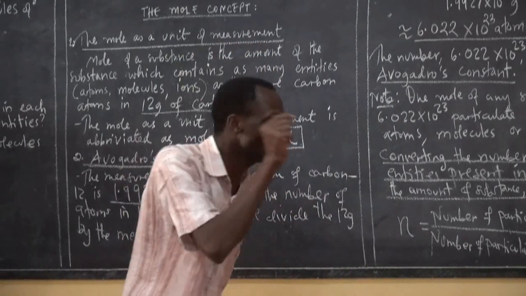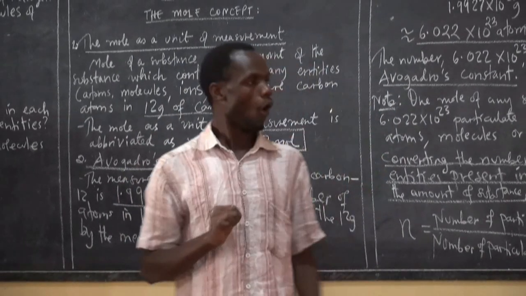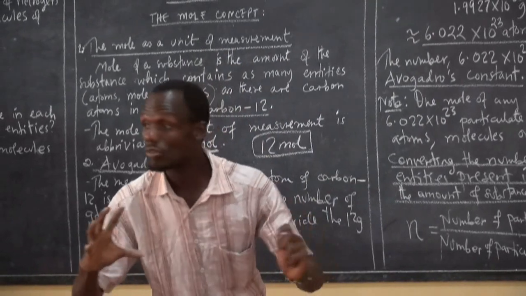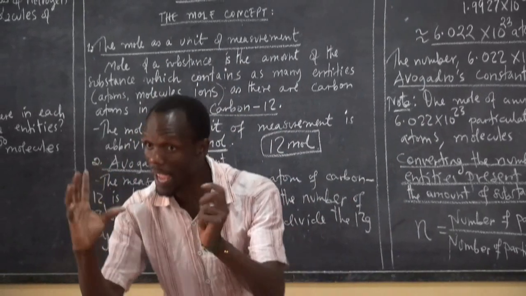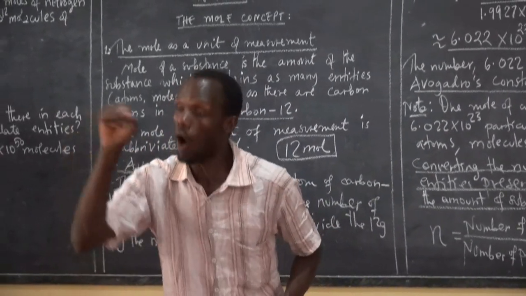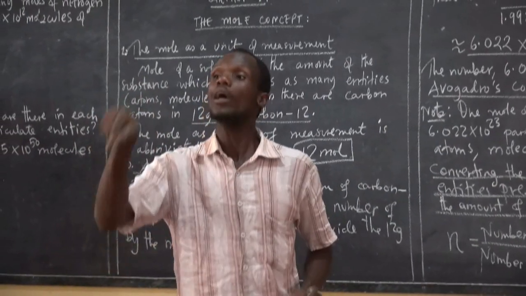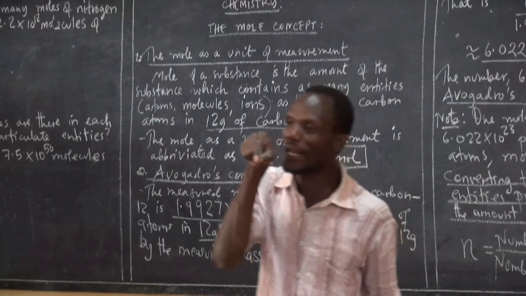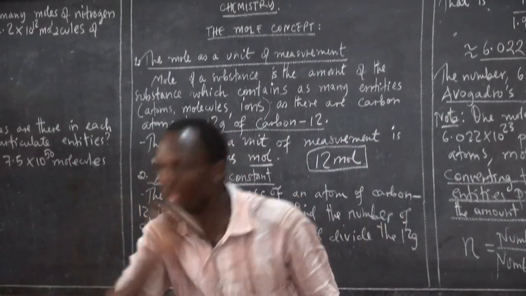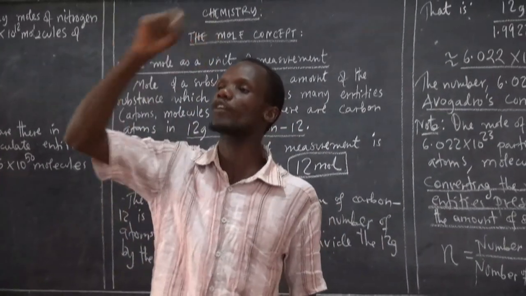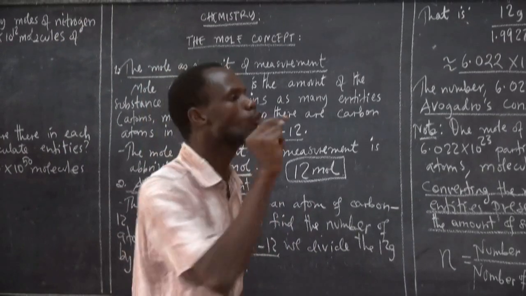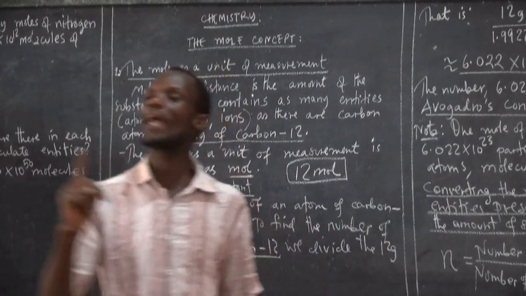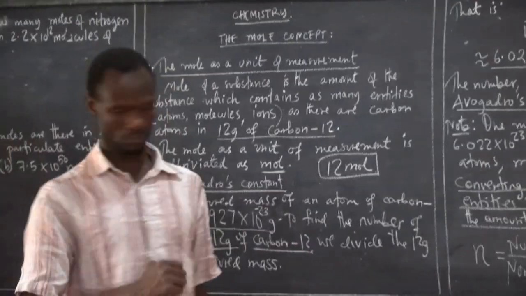The bag of maize consists of 12 kilograms. Now, in order to know how many maize grains are there, you take that 12 kilograms and divide it by 2 grams. So you may know how many they are.